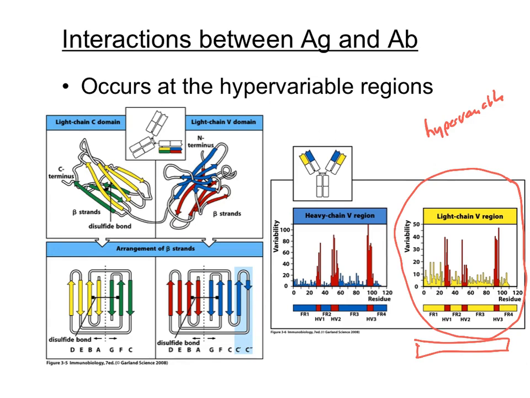And if you look at the image directly to the left of that, in both the heavy and light chain, you have 3 hypervariable regions in the amino acid sequence. What that means is, all right, we're talking about methionine, cysteine, glutamic acid, lysine, serine, and so on.